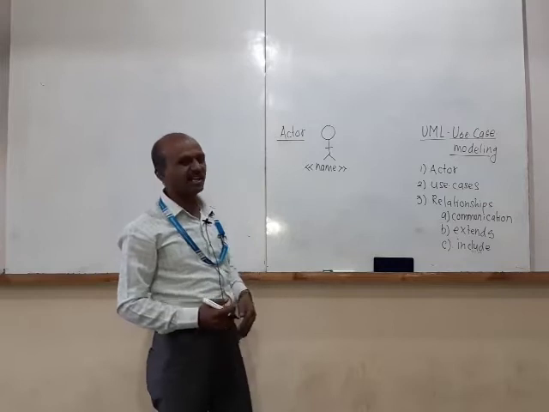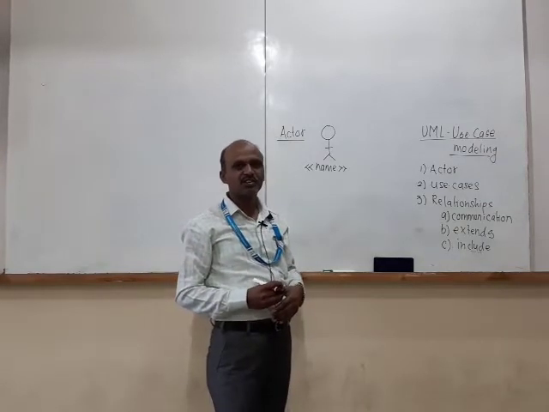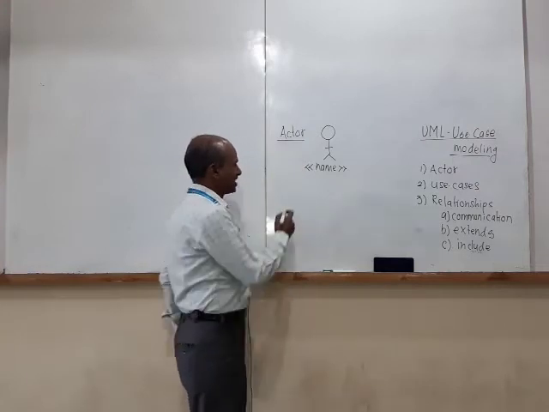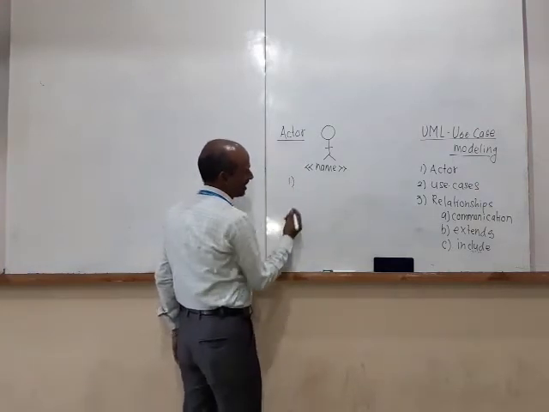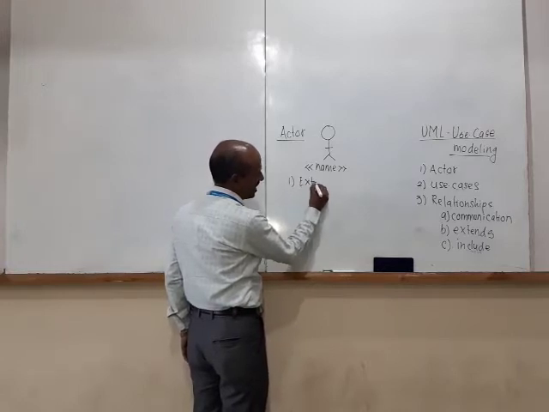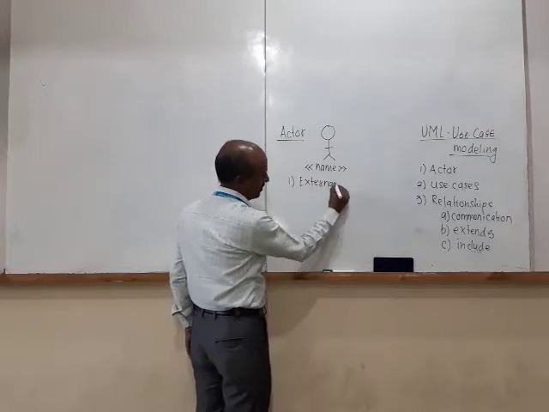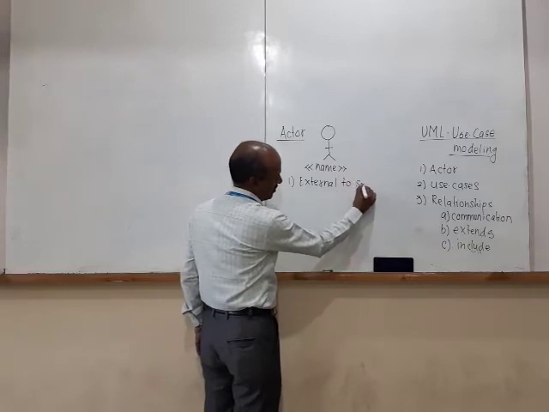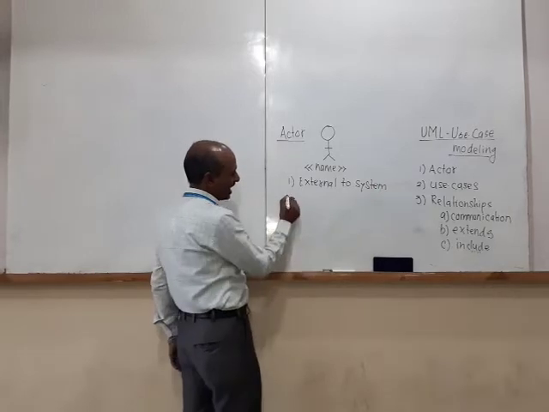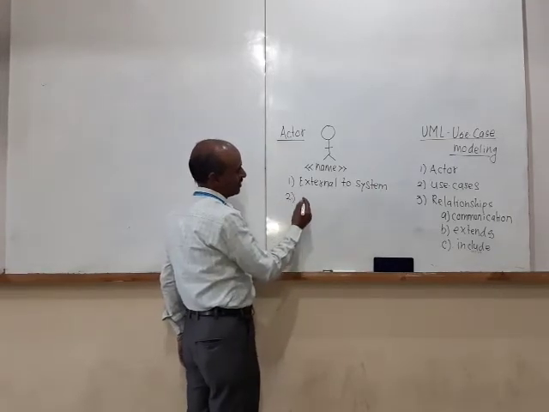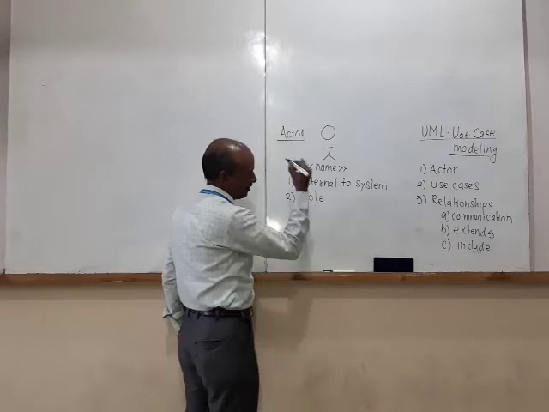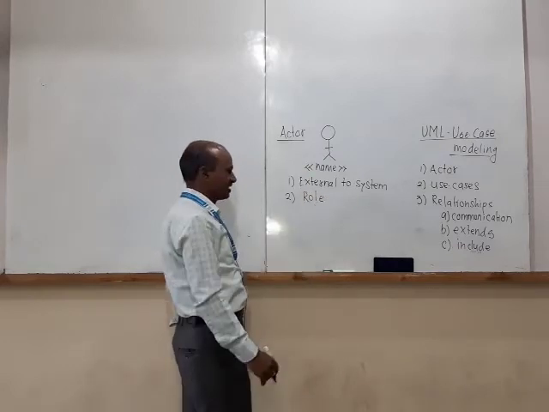There are certain rules or guidelines to find out actors. The first guideline is that an actor is always external to the system. The second guideline is that an actor is nothing but the roles in the system.